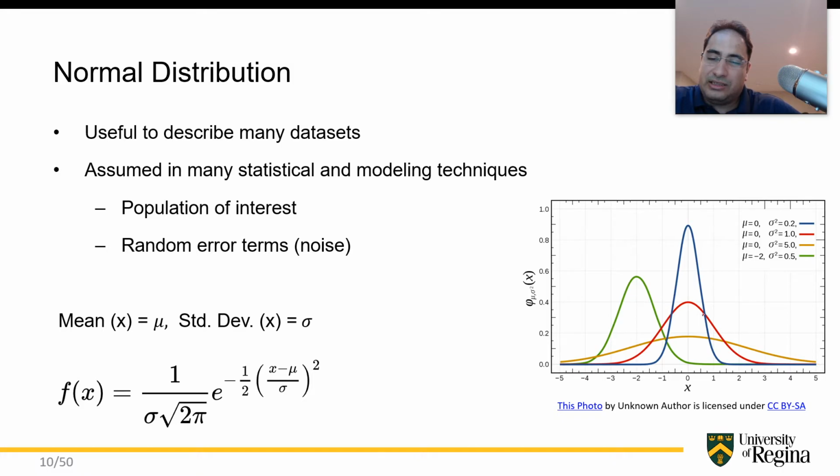these standard normal distribution plots here. You could see that if mu is 0, depending on the value of the standard deviation, and this is actually the variance, based on that value you can get a different distribution.